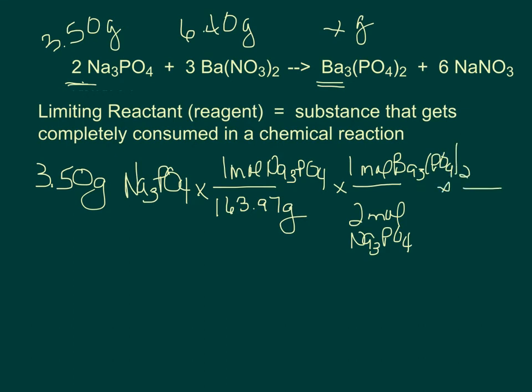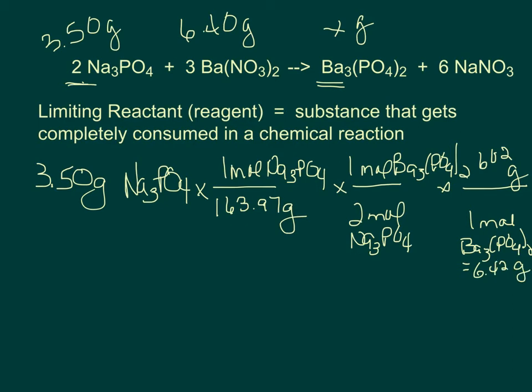And then our final step would be to take our moles of barium phosphate and to convert that to grams. And the molar mass of barium phosphate is 602 grams. Multiplying across the top and dividing by the bottom, we get 6.42 grams of the barium phosphate.